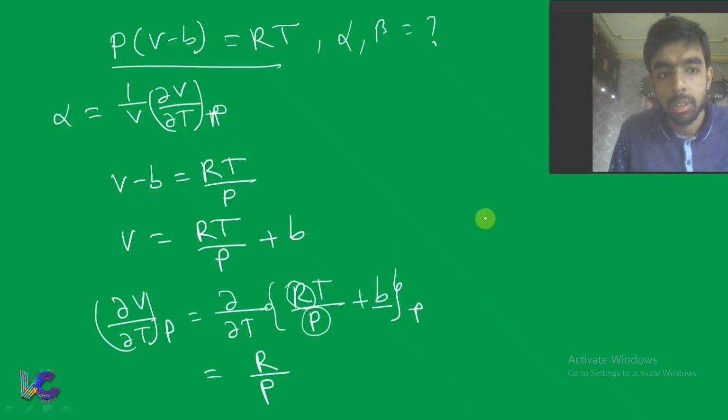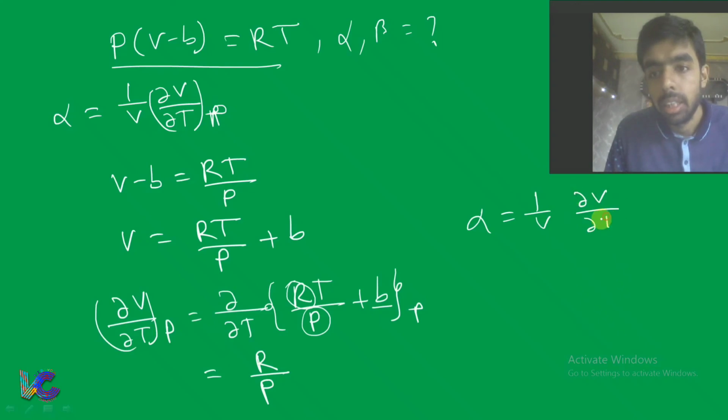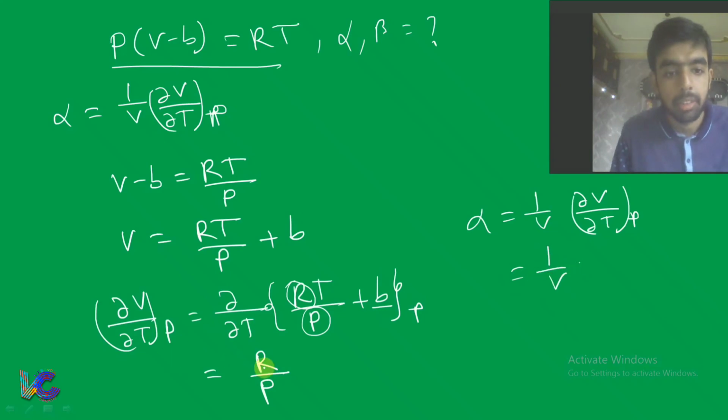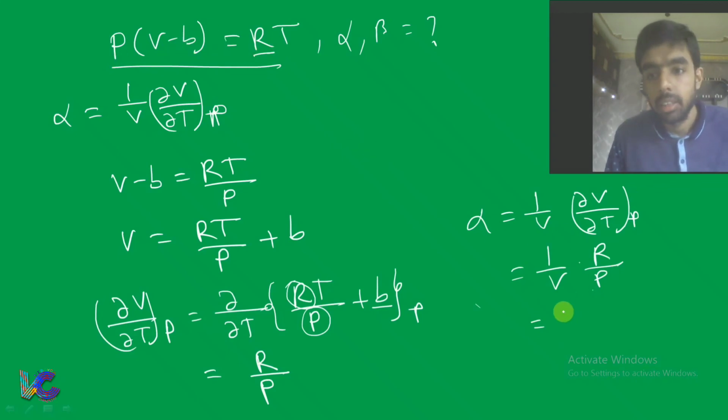Okay, so alpha is 1 by V del V by del T at constant P. Now you have 1 by V, and del V by del T at constant P is R by P. Fine. Now instead of R, you put P into V minus B by T. So instead of R you put P into V minus B by T, giving P into V minus B by PVT.